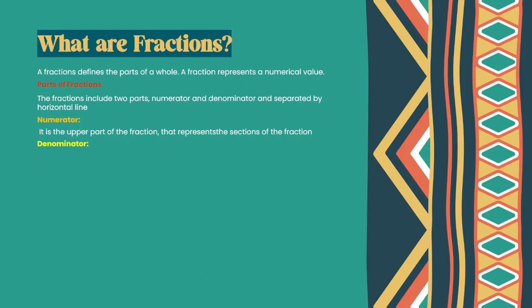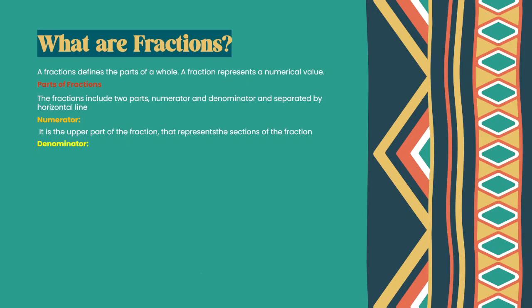In other words, the numerator is the number of parts taken from a whole, and the denominator is the total parts of a whole.